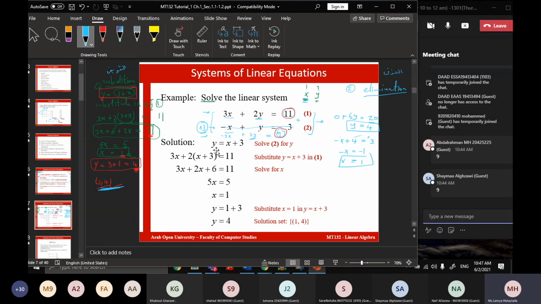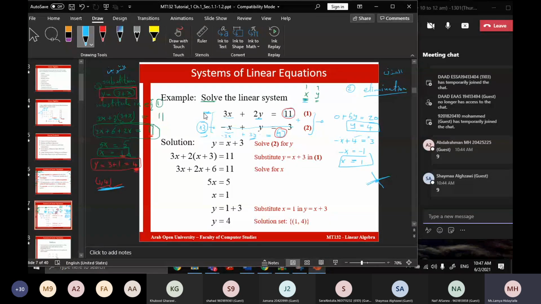What if I interchange the rows? If I put this one down and take this one up, how is the system going to be different? No, because if I draw the first line and then the second line, I'm going to get the solution. If I start drawing this one first and then this one second, I'll also get the same solution.